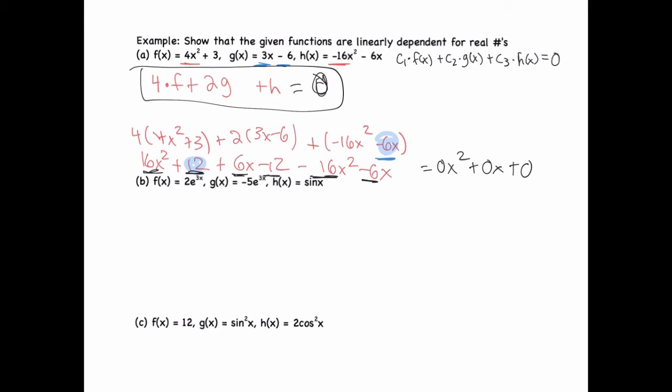All right, in this second one, I have 2e to the 3x, I have a negative 5e to the 3x, and then I have sine x. Well, let's start with the e to the 3x pieces.